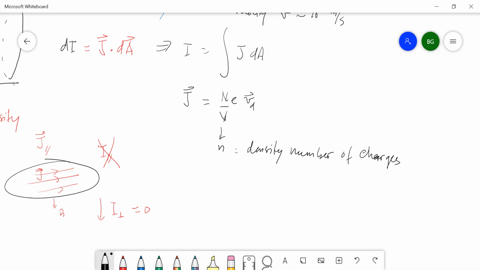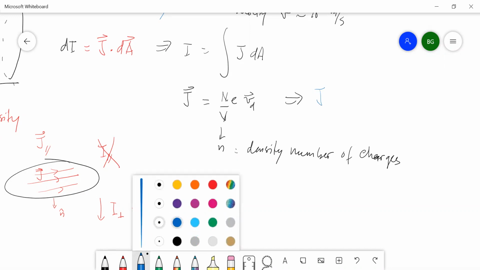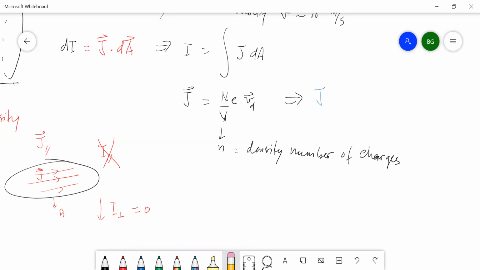So in general, we have this J here equals little n, e, v_d. Okay.